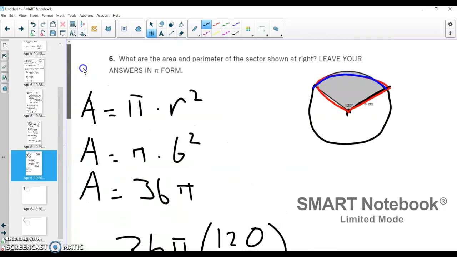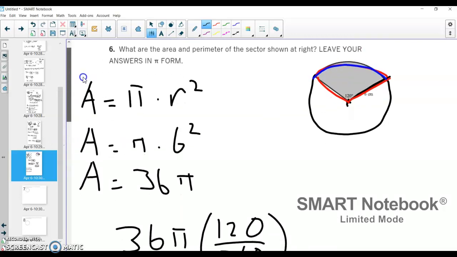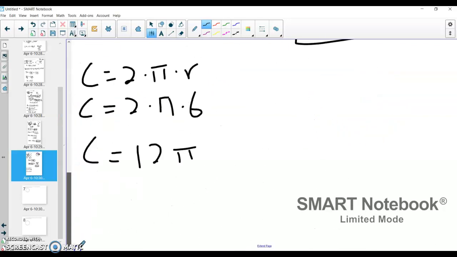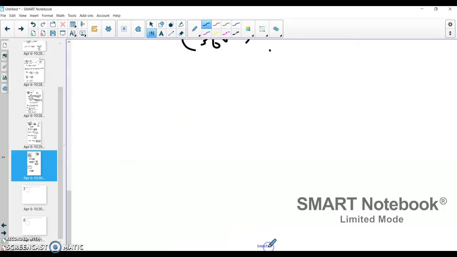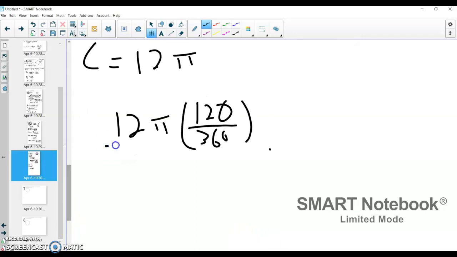All right. 12 pi is my entire circumference. It's all the way around the circle. I just want that blue portion. So I take my whole circumference, 12 pi, and multiply it by the portion, 120 over 360.